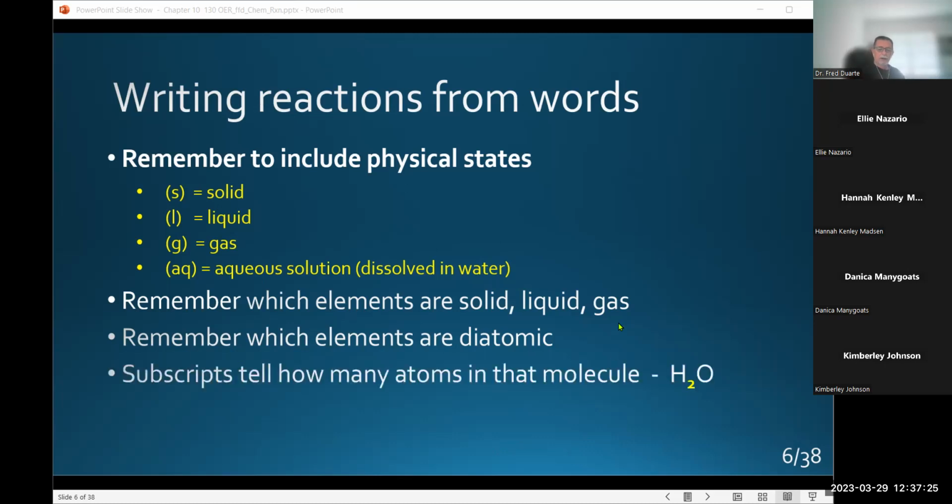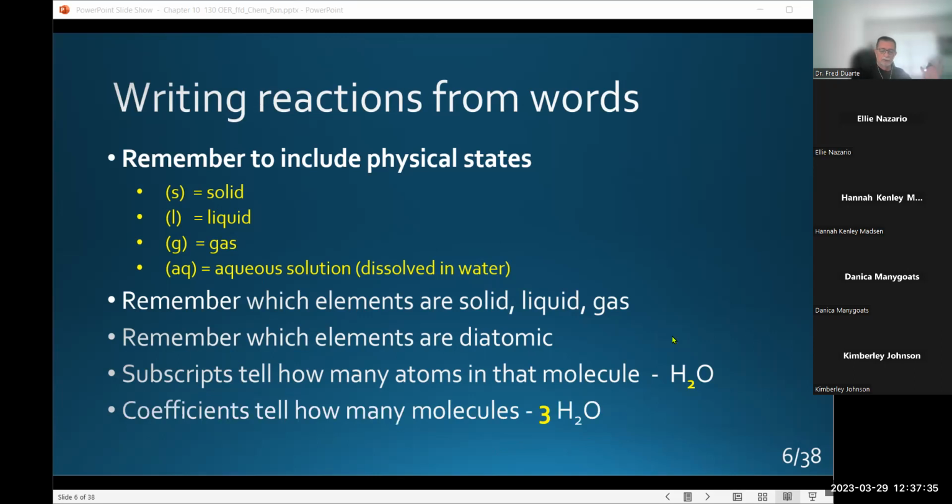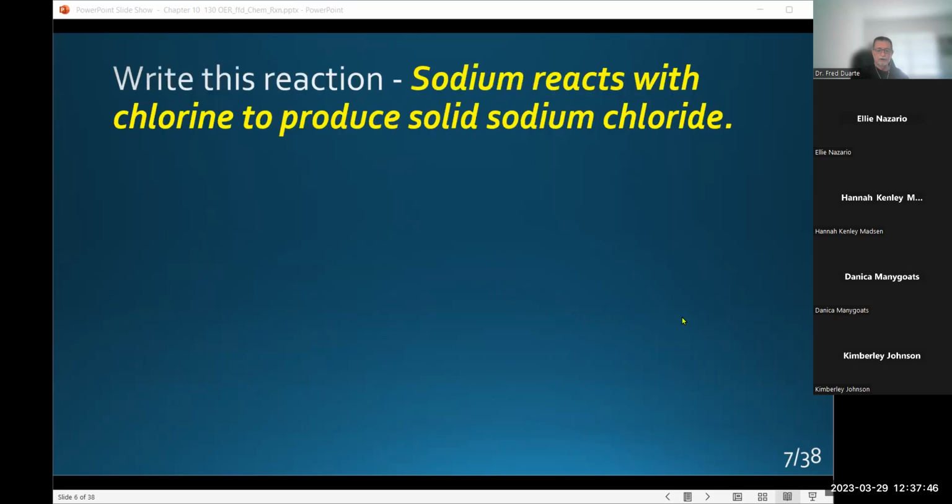Once we put the subscript, those are etched in stone. It's the coefficient that tells us how many molecules of each compound or element we have, and we can change that coefficient as many times as we need. With respect to the subscripts, no, those are etched in stone.